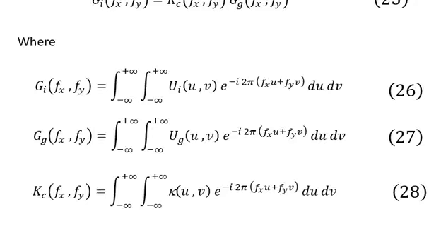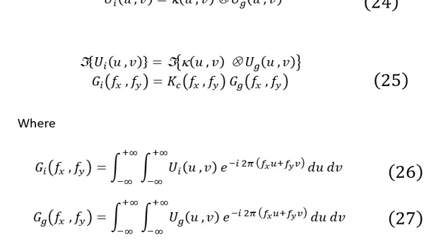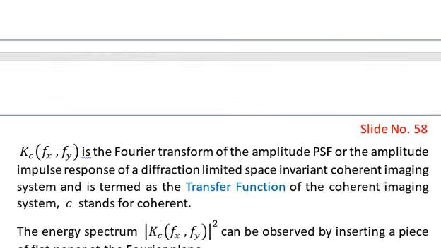Similarly we have K as a function of fx, fy, and within the integral on the right hand side we have kappa as a function of u and v, and the rest of the quantities are the definitions of the Fourier transform. So we have described equations number 26, 27 and 28, giving the Fourier descriptions of the quantities we have shown in equation number 25.